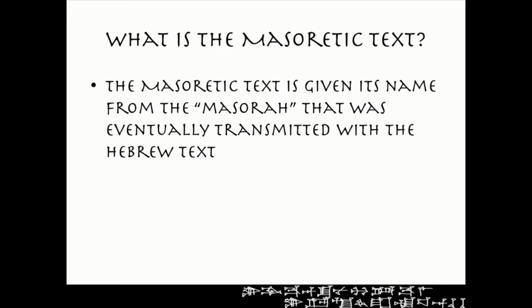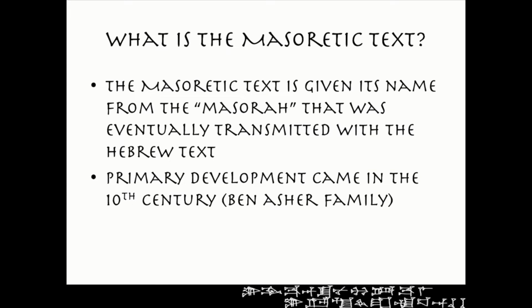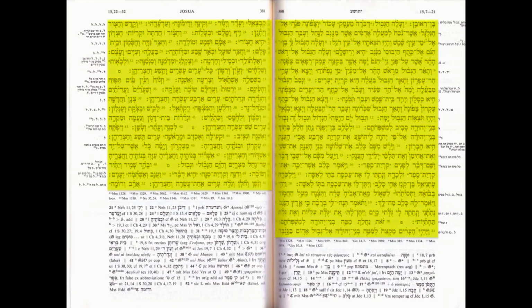The Masoretic text is given its name from the Masorah that was eventually transmitted with the Hebrew text. So if you remember, the Masorah, well, I'll show you in just a second, its primary development came in the 10th century with the Ben Asher family. This portion represents the main text.